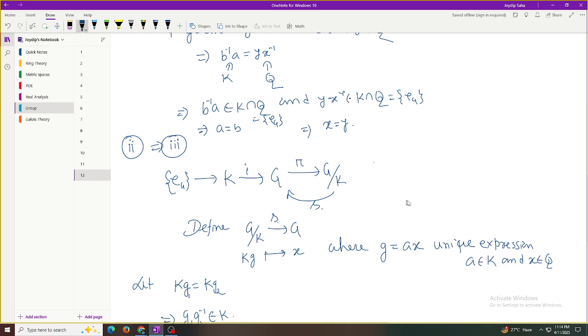One way is, when this morphism exists, if the kernel is contained in K.